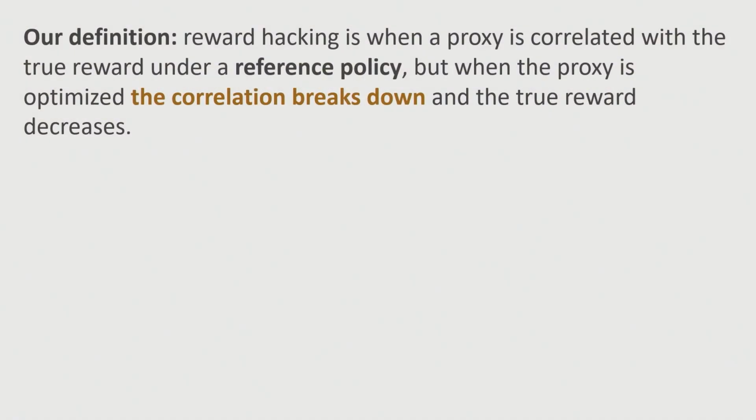In this paper, we try to tackle both of these by defining reward hacking with respect to some reference policy. And the idea is the reference policy represents a distribution of behavior that was used to come up with the reward function. Maybe the system designer that wrote down the proxy reward function had this behavior in their head. Or the reward function was learned based on some data that was collected under this reference policy.